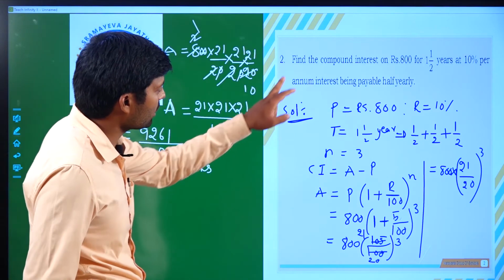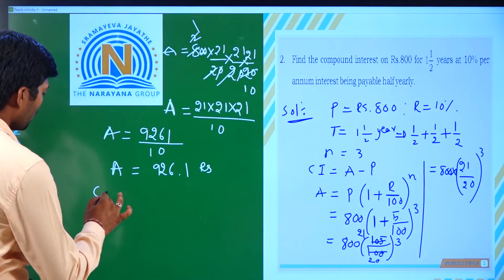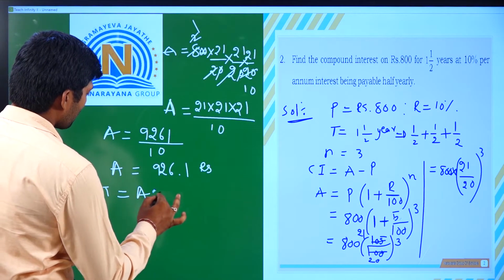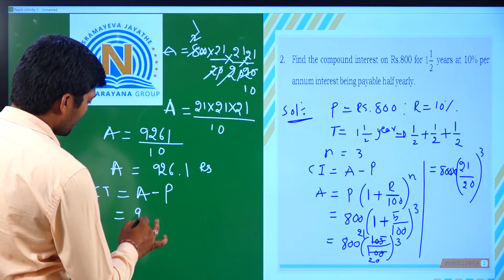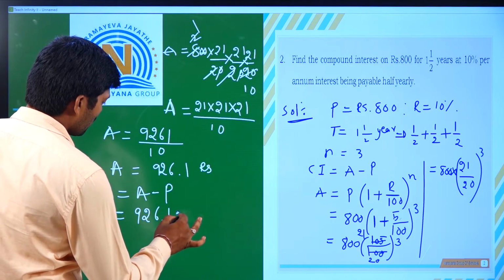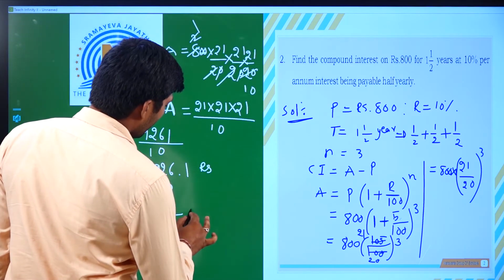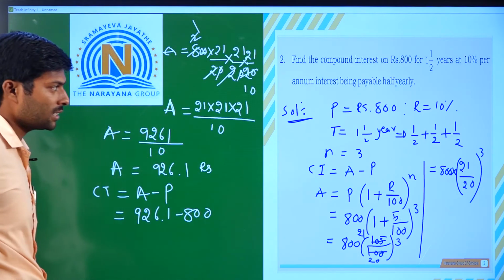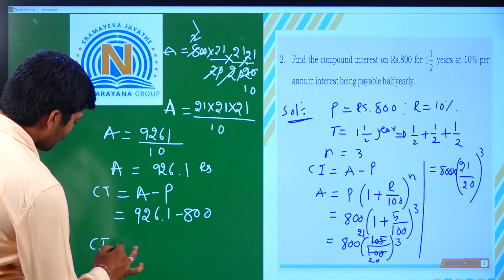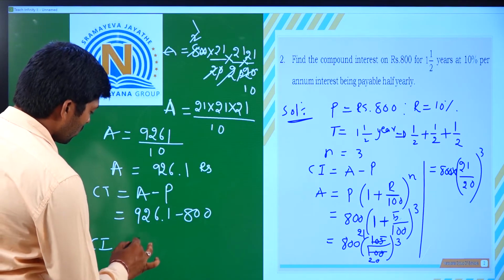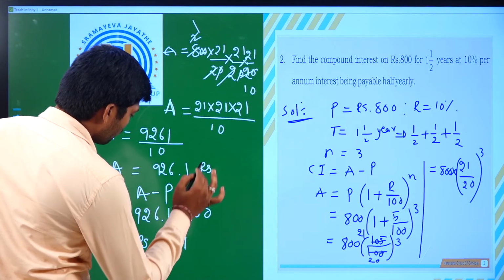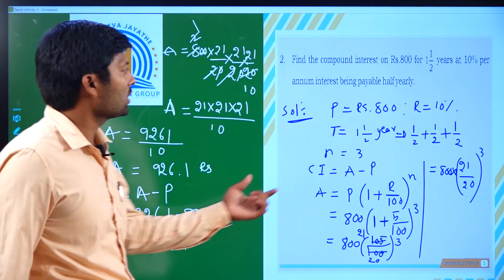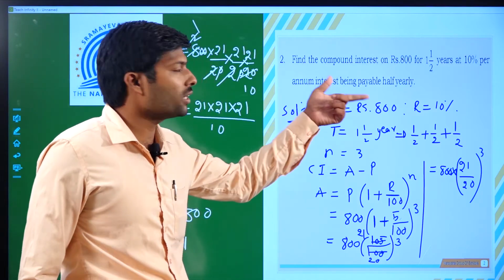Now we need to find the compound interest, which is the difference of the amount and the principal amount. The amount is 926.1 minus the principal amount 800. So the total compound interest is 126.1 rupees. This is the interest at the end of the year, compounded half yearly.